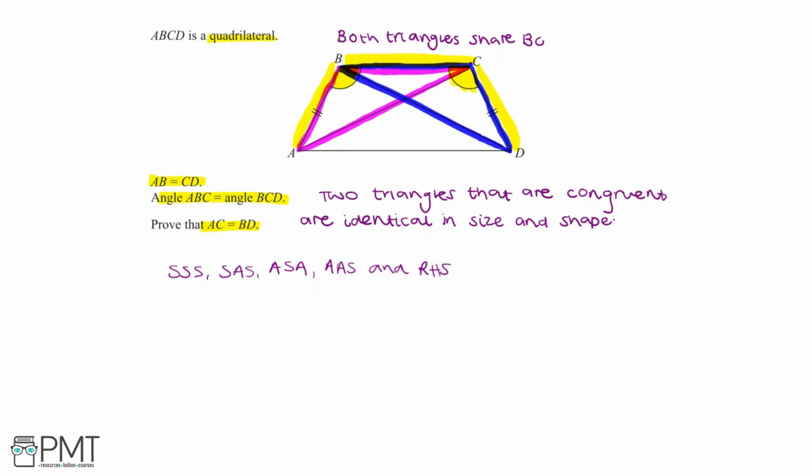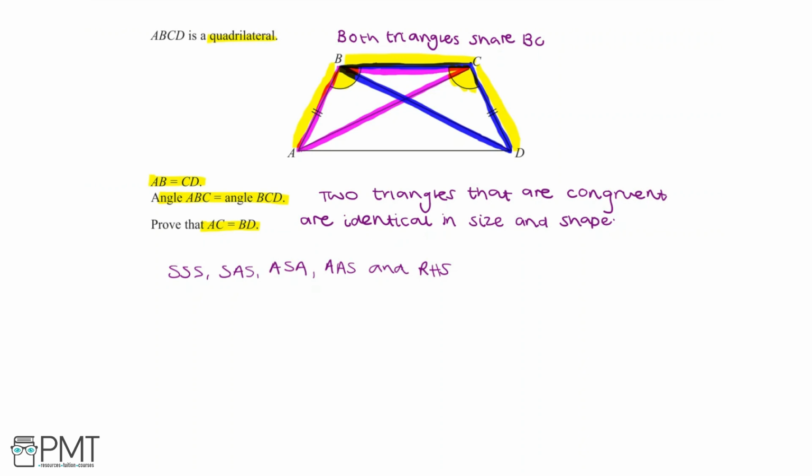So now we can see that both triangles share the line BC. We can say that they also share the side length AB and CD because they're the same length. And then they also share the angle ABC and BCD since they are equal. So the triangles that we're looking at share 2 sides and an angle in between them.